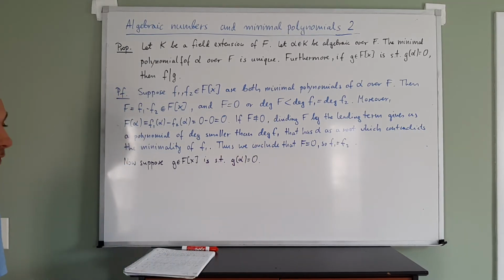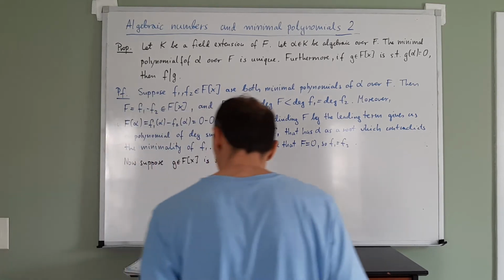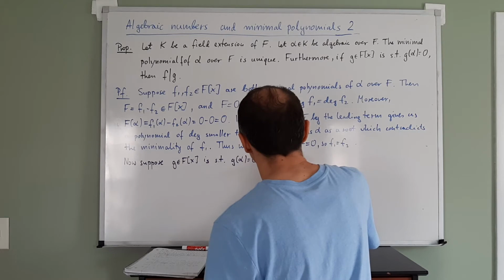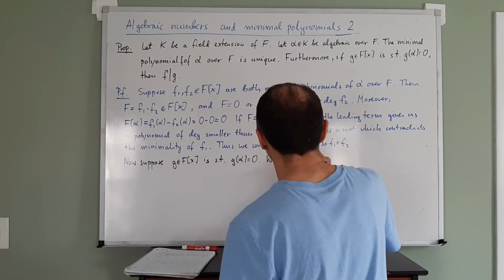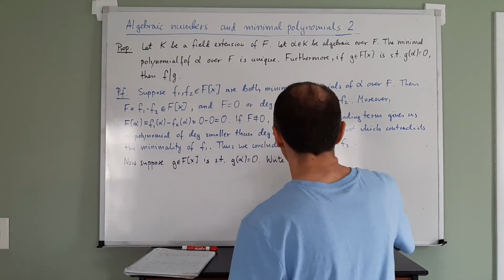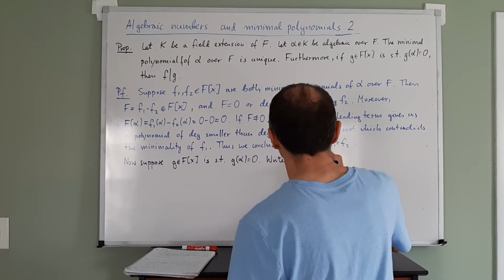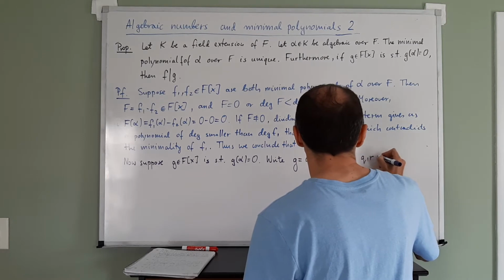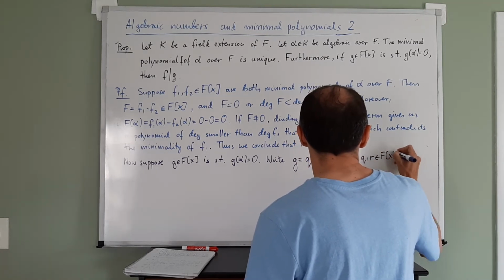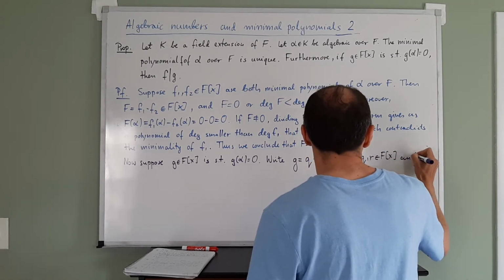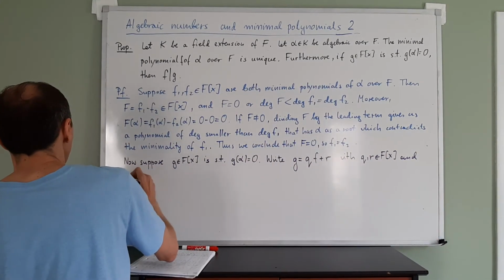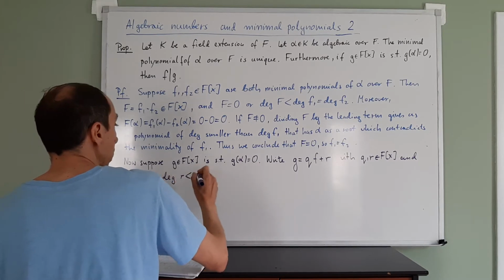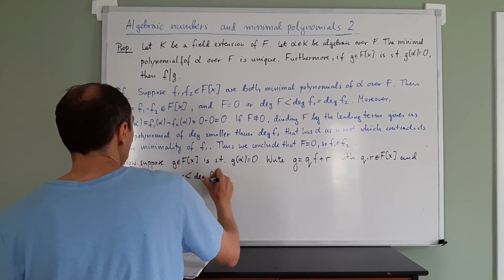I want to show that f divides g. I'm using the division property here that holds in the ring of polynomials with coefficients in a field. I can write g as qf plus r, with q and r polynomials with coefficients in F, and r being 0, or the degree of r being less than the degree of f.